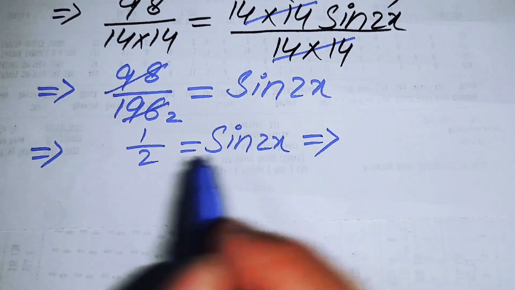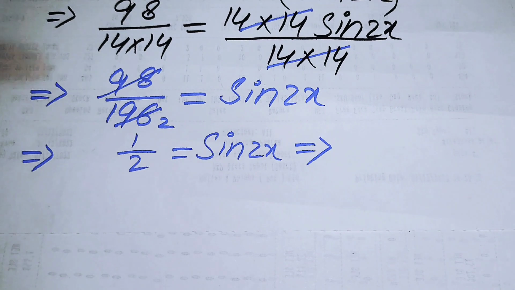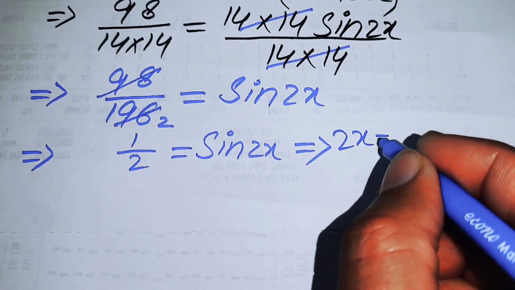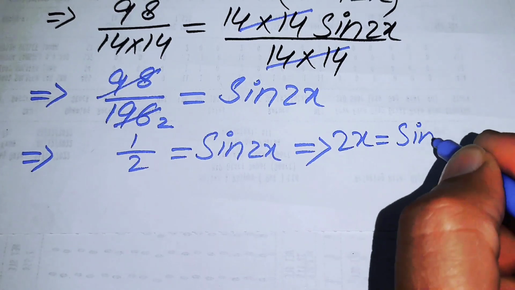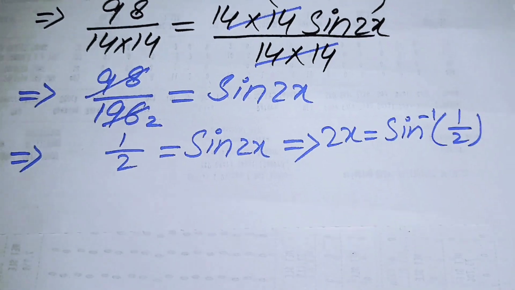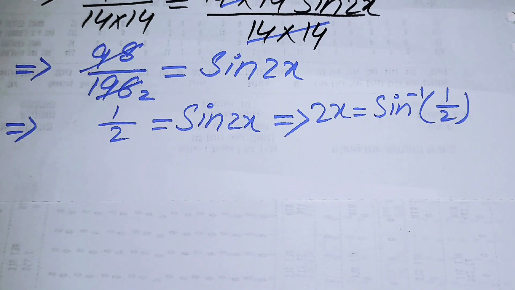Because in this problem we need to find the value of x, we move this sine to the other side. So you get 2x equals sine inverse of 1 by 2. And now you find the angle sine inverse of 1 by 2, and you easily get this angle.